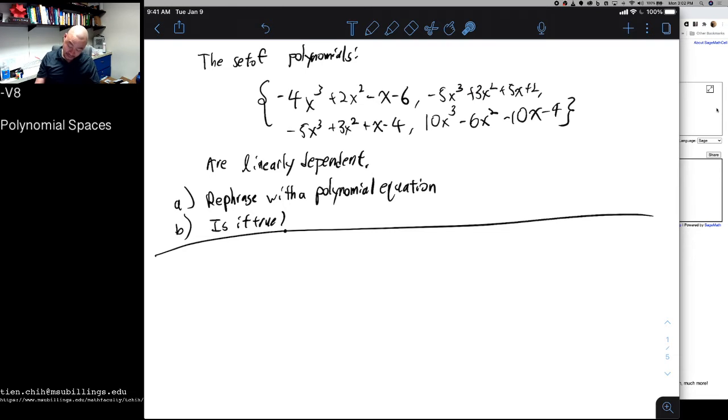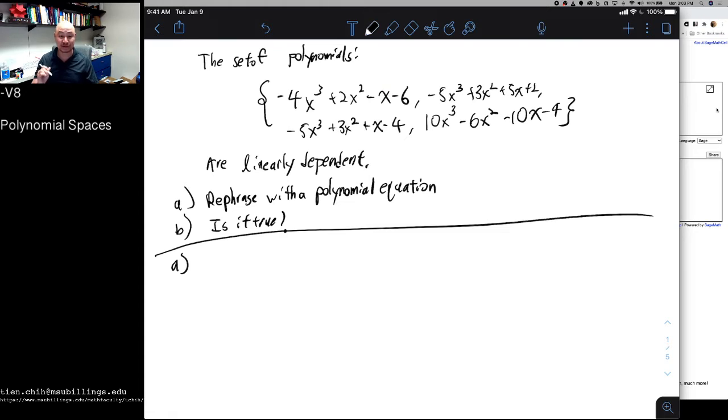But to start with, we should take our four vectors and, as we've done before, rephrase this as some sort of polynomial equation. Now, if they're linearly dependent, which is the claim, as before, I should be able to take combinations of these three polynomials and achieve this last polynomial somehow, right?